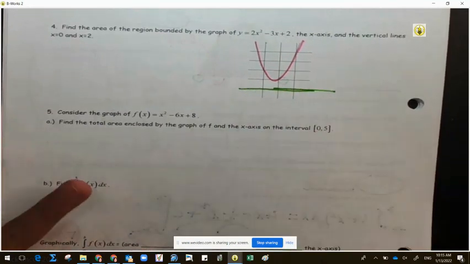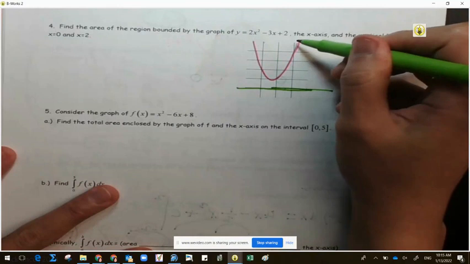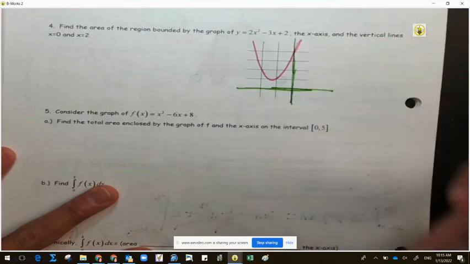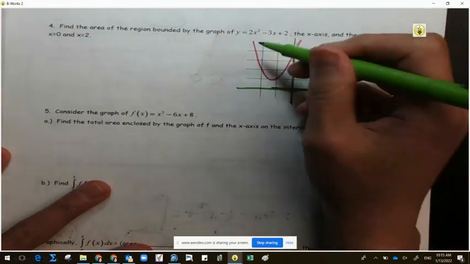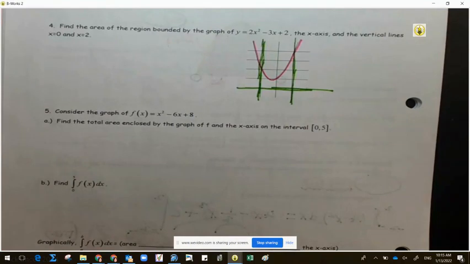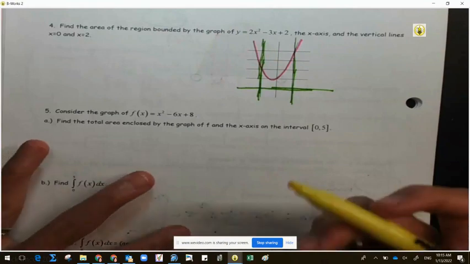And my vertical line at x equals 2 is going to be right here. And then it says x equals 1 as well. So I can go right here. So if I were to bound all 4 of my components, my highlighted image will be the following.